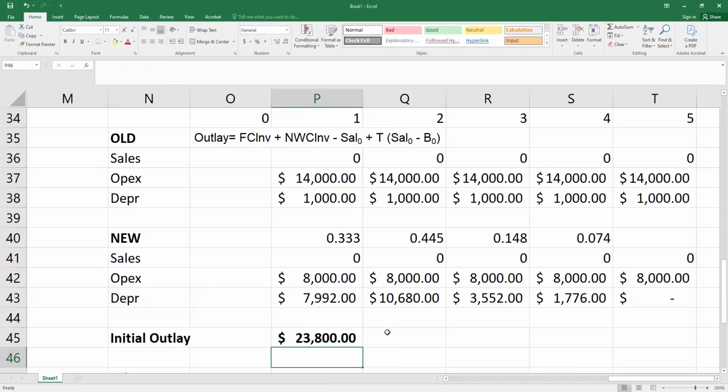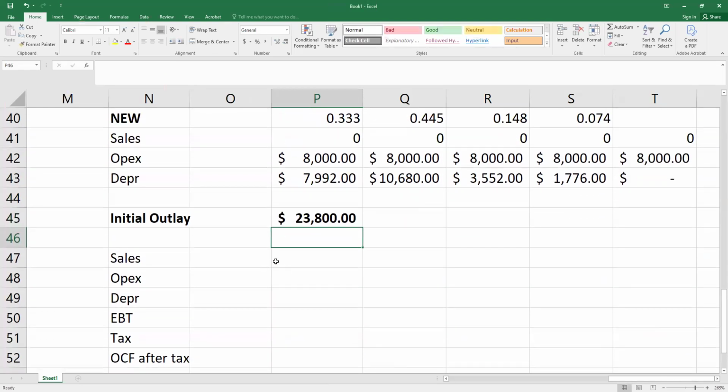Are we all done? Okay, let's move on. So sales, basically, and by the way, let me just call it incremental analysis. This is how we call it.